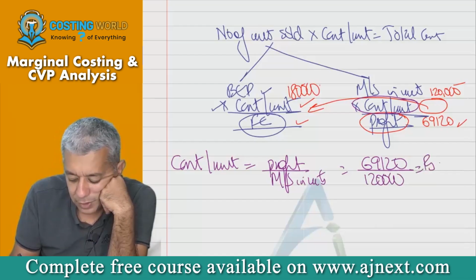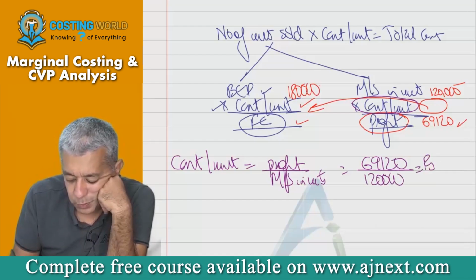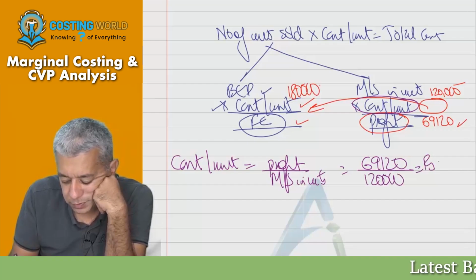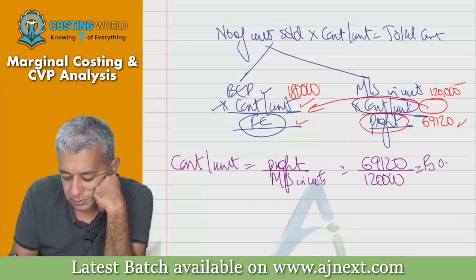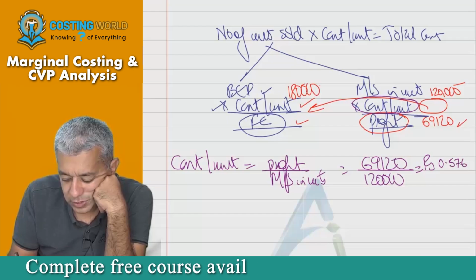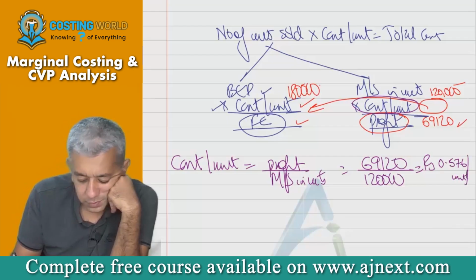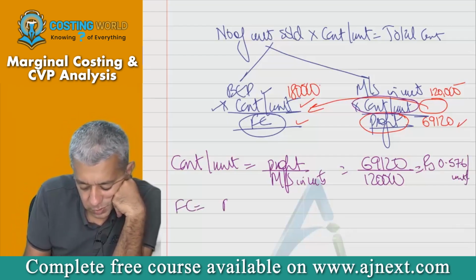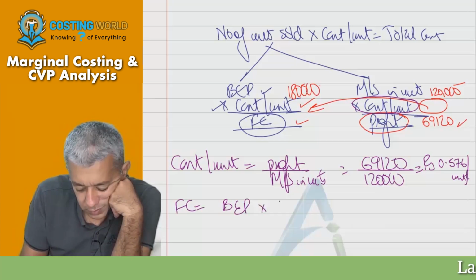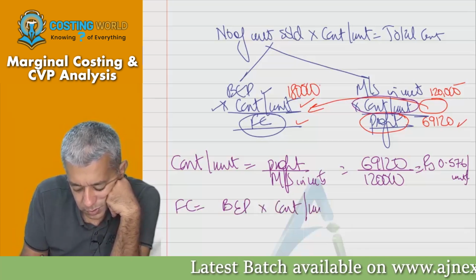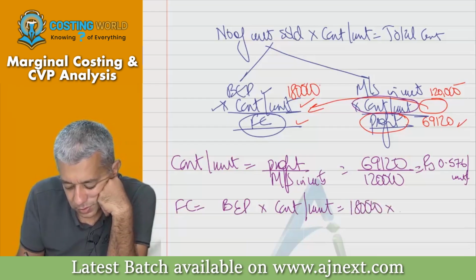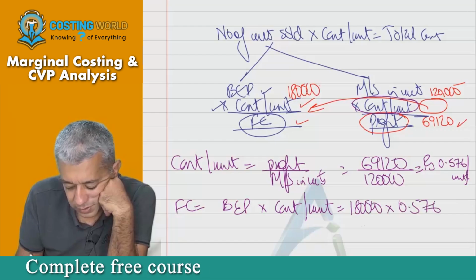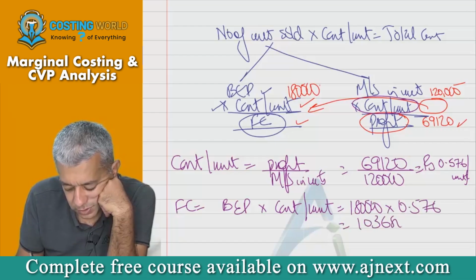Don't multiply by 100 please. We are just trying to find out contribution per unit. This comes to how much? Rupees, how much, beta? 0.576 per unit. Job done. Fixed cost is equal to break-even point into contribution per unit. So 1,80,000 into 0.576 is equal to 103,680.